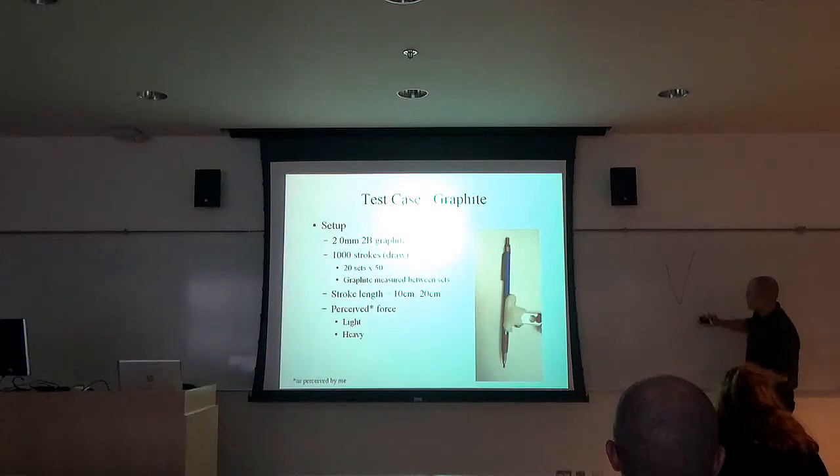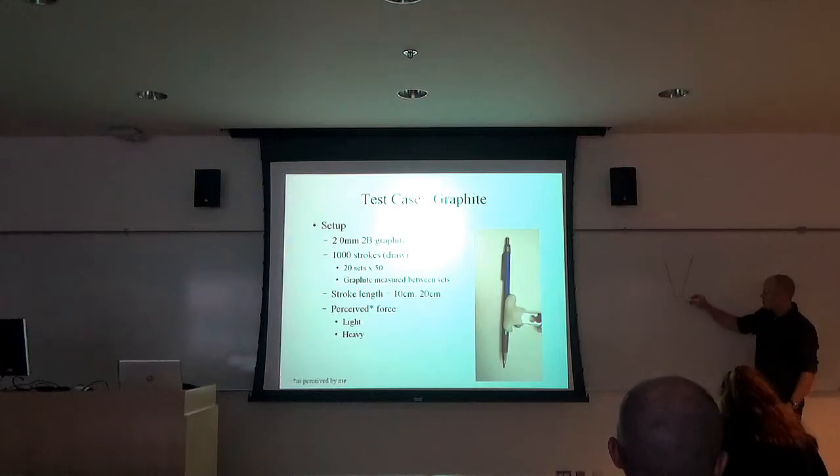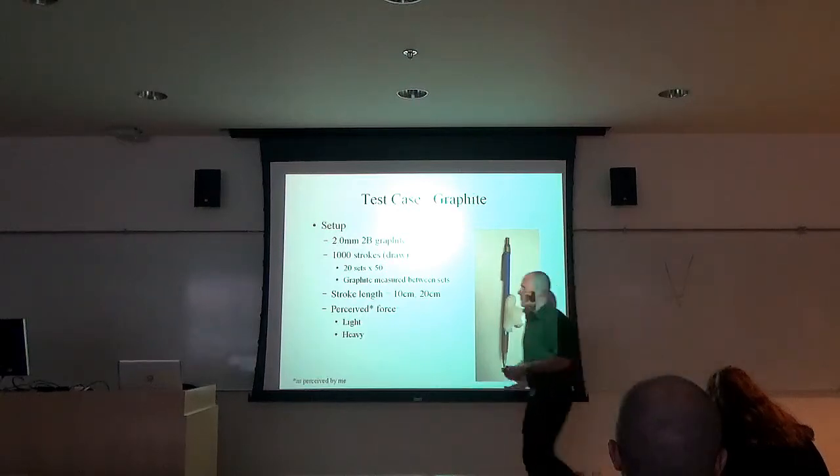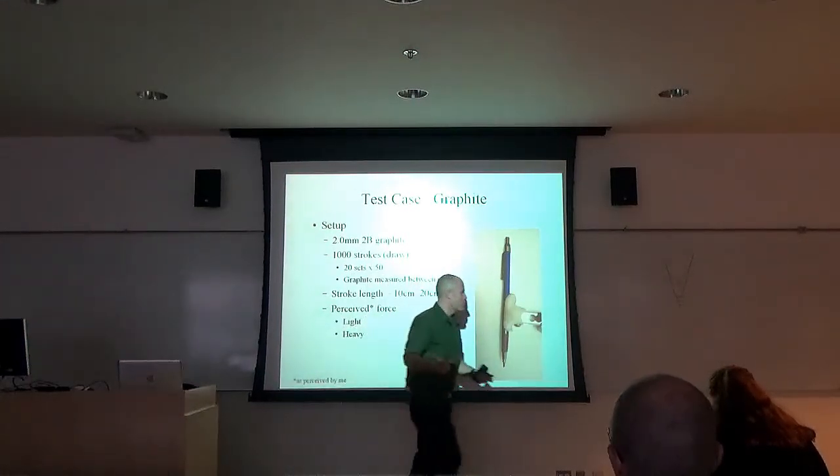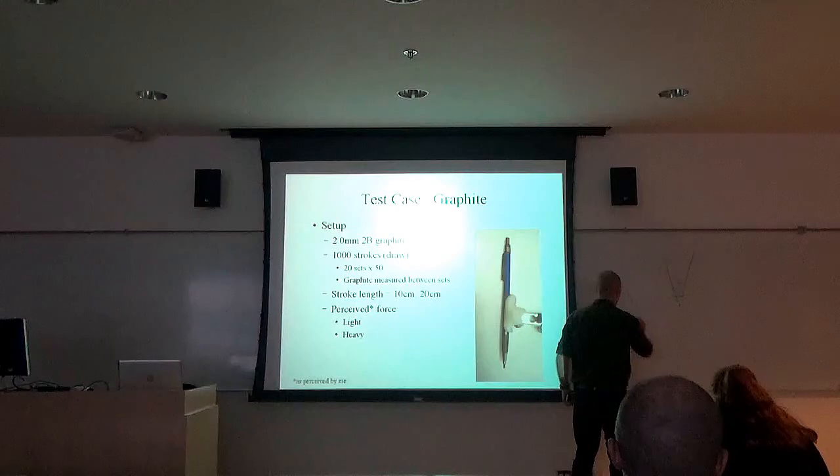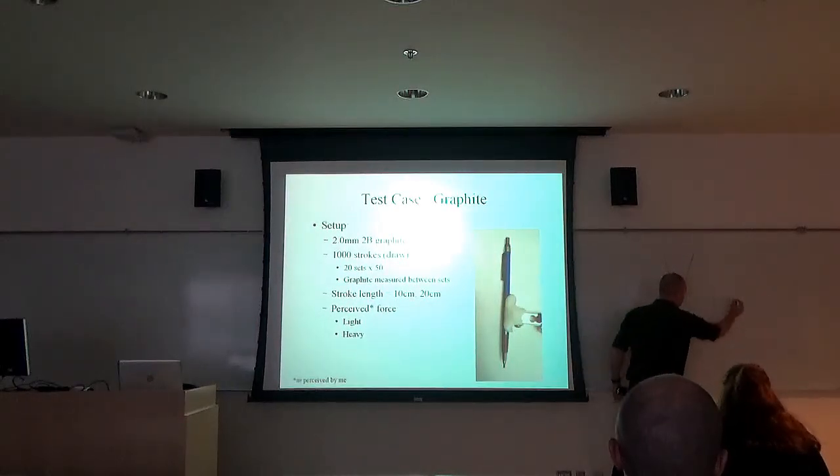And so as you wear, you start from a very limited surface area, and even with a little bit of wear, that surface area changes. And of course that changes the relationship between the load, surface area, and overall friction. By using 2B graphite, which is just a cylinder, as much graphite as wears off, it's always 2 millimeters.